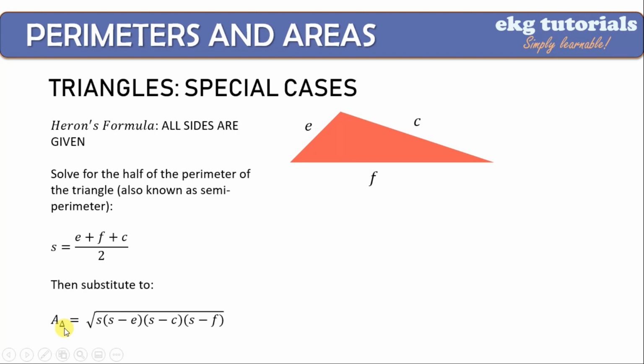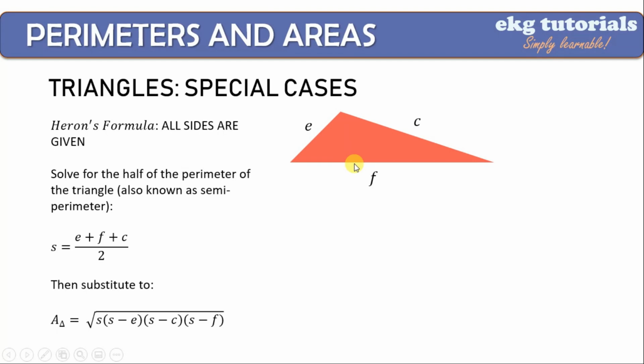So the area of the triangle now is equal to the square root of s times (s minus the first side) times (s minus the second side) times (s minus the third side) of the triangle. Okay? So basically, ganito naman yung pagkuha ng area ng triangle when you are given the sides. Again, no height was given.